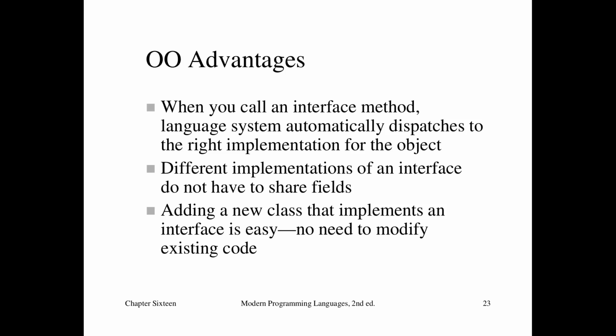And furthermore, adding a new class that implements an interface is easy, because we're following the open-close principle. It's always easy to extend and implement new things rather than having to go back in and constantly change stuff. It also prevents us from causing errors when we start modifying existing code.